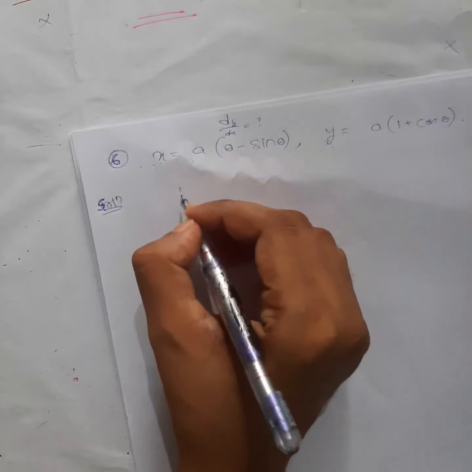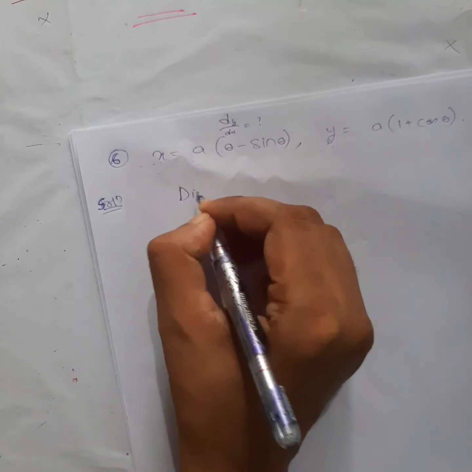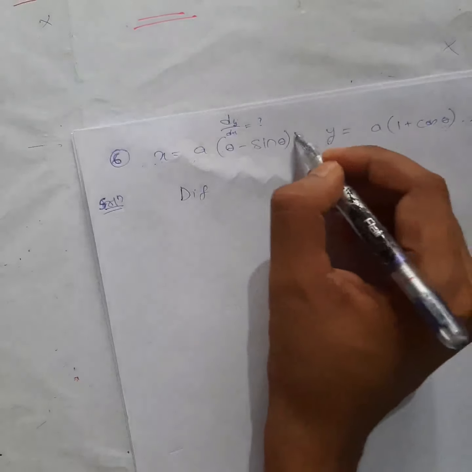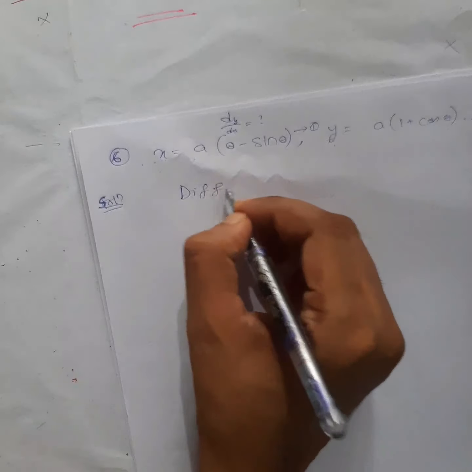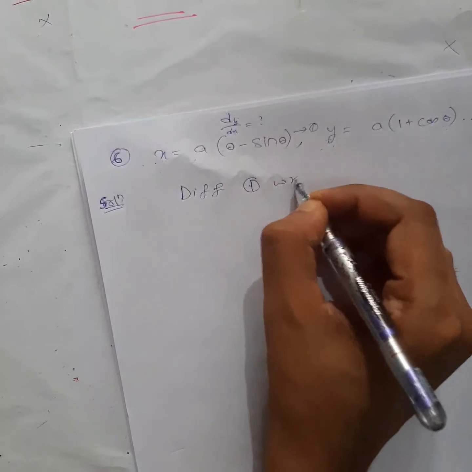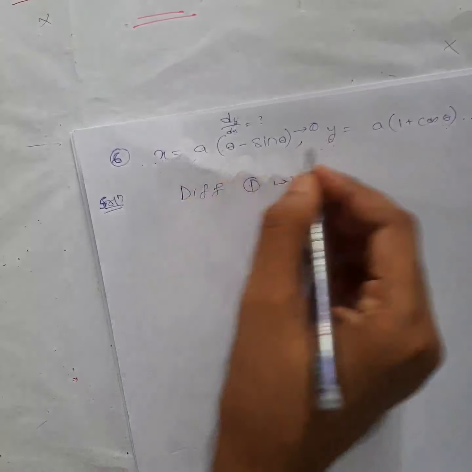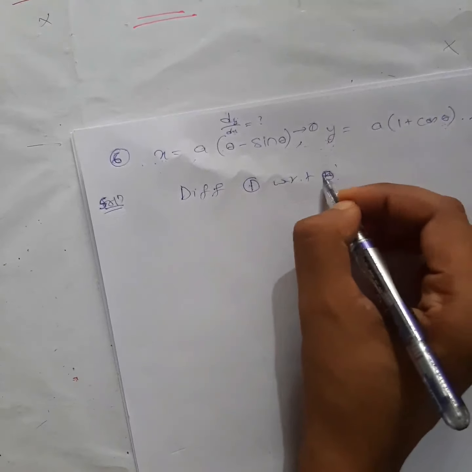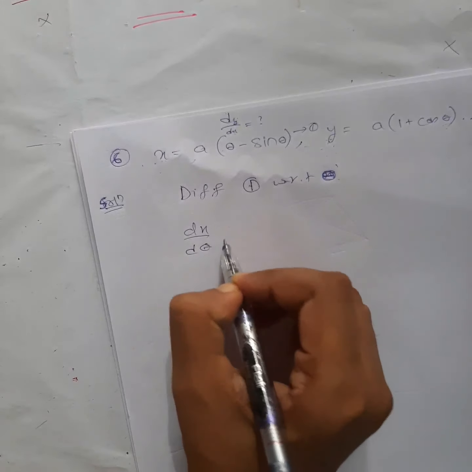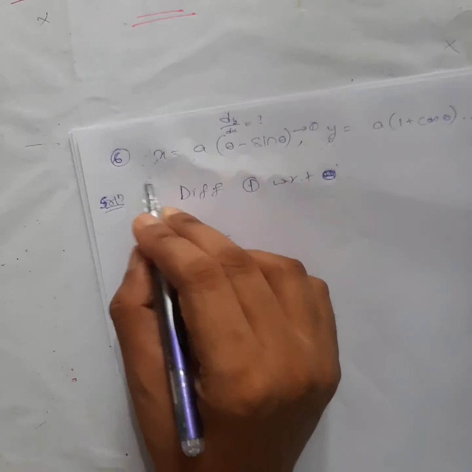Okay, so you can mark this one as 1, and this one as 2. Differentiating 1 with respect to theta, sorry, you will get dx by d theta.